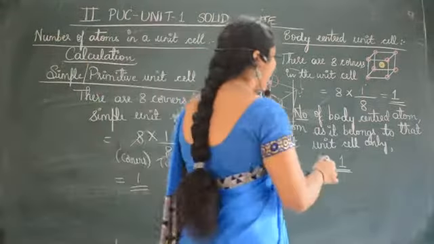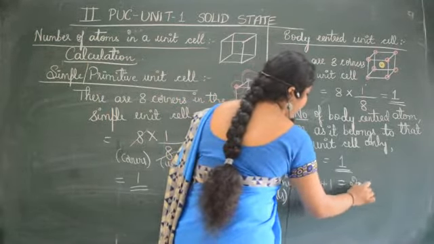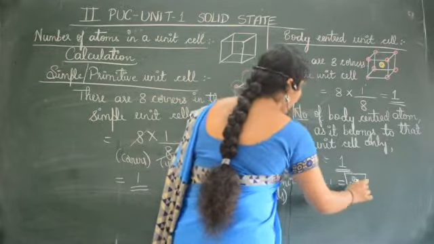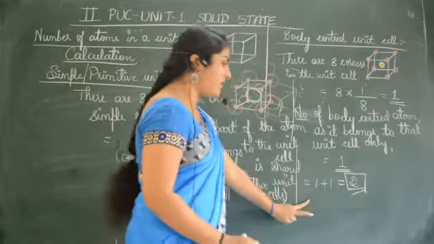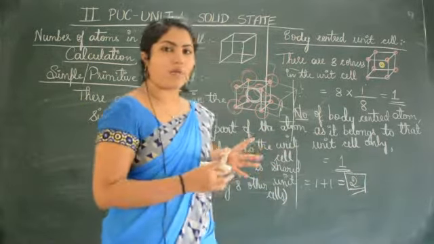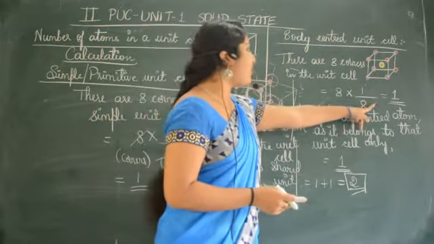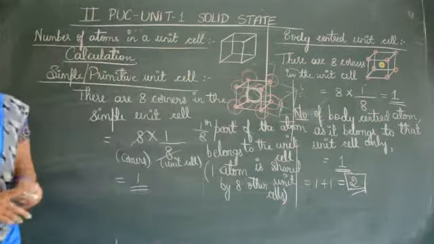So for the whole unit cell, that is equal to 1 plus 1, which is 2. Understood? So you have to write: number of atoms in a body-centered unit cell is equal to 1 plus 1, 2. You understand 1 plus 1, 2 how? 1 for the 8 corners, 1 more for the body-centered atom.